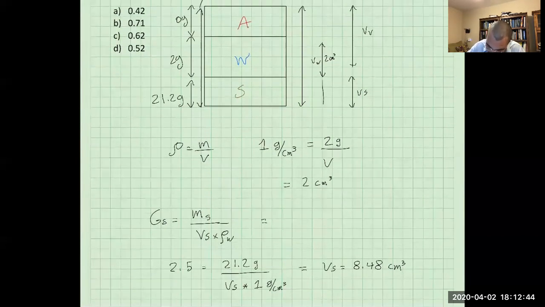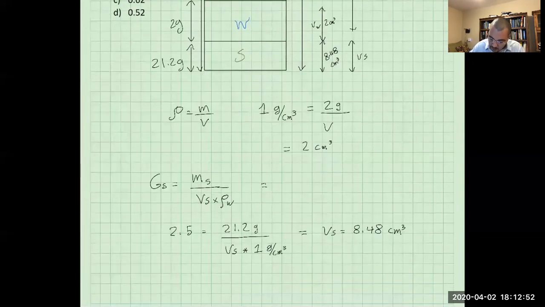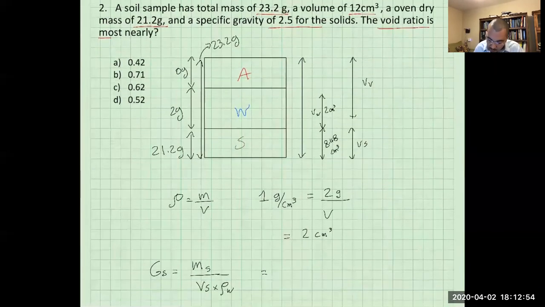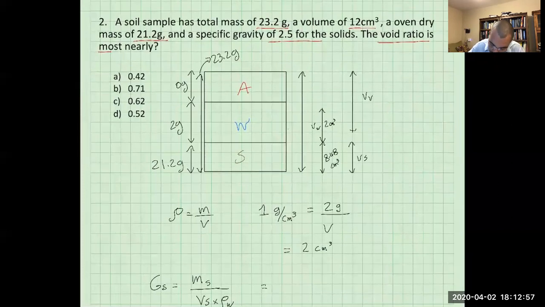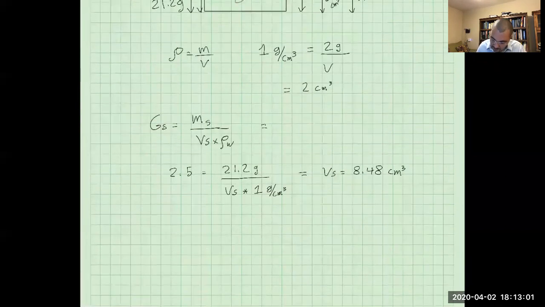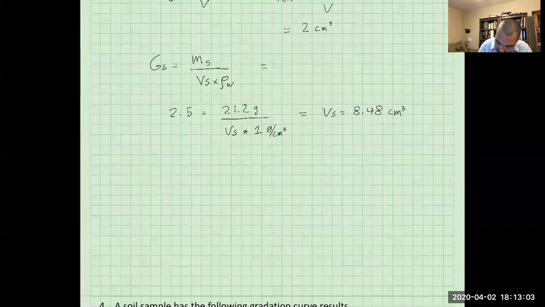Now, with this, we have the volume of solids, which is 8.48 centimeters cubed. And we can do the same step as before, because we have the total volume, which is equal to 12 centimeters cubed. So we can say that the total volume is equal to the volume of air plus volume of water plus volume of solids.